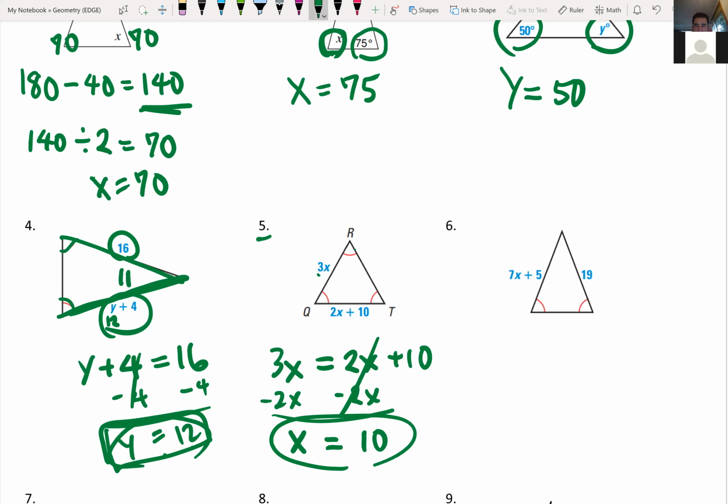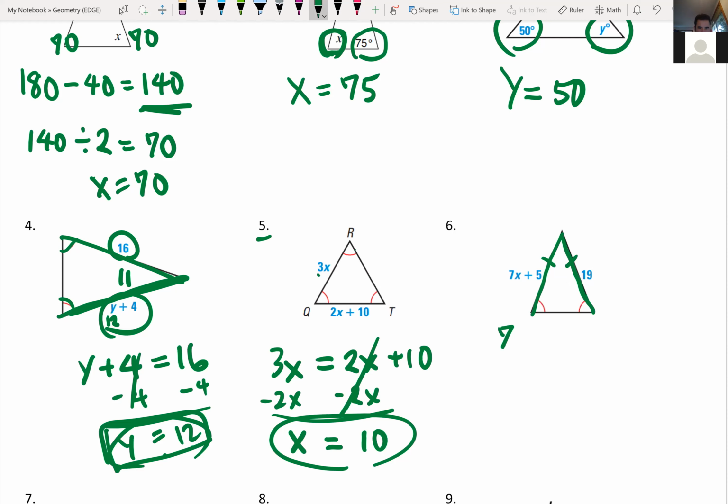It is back to an isosceles triangle because you see that the bottom 2 angles are the same. That means, again, these 2 sides are equal to each other. This side and this side are equal to each other for an isosceles triangle.